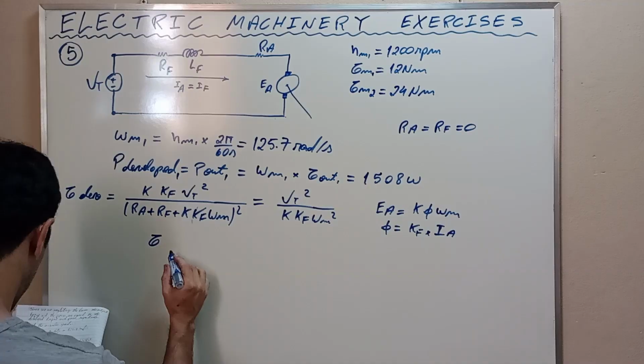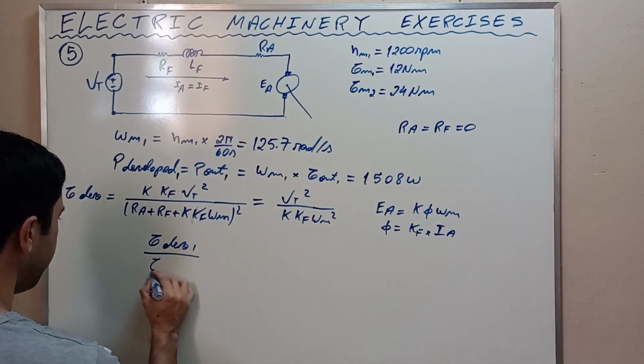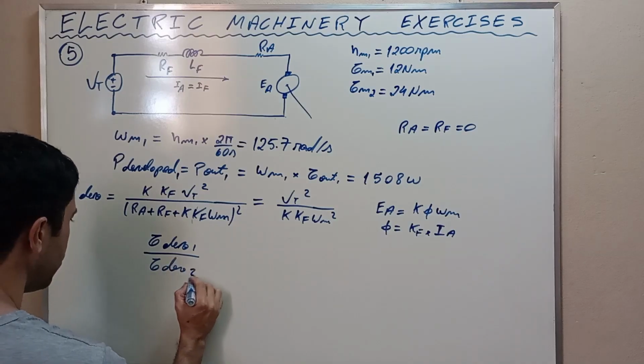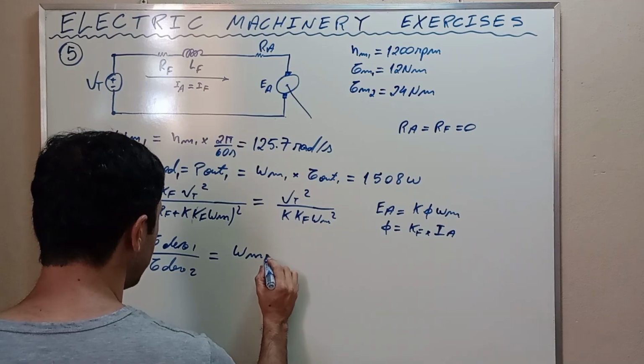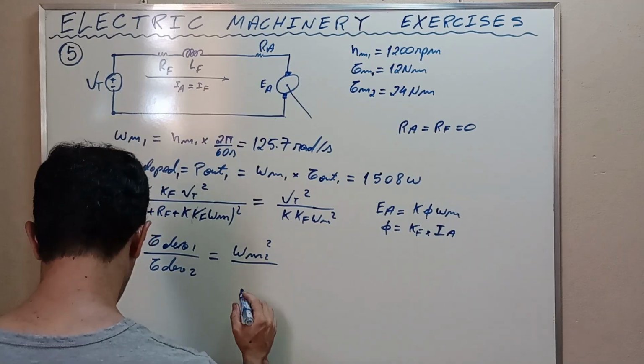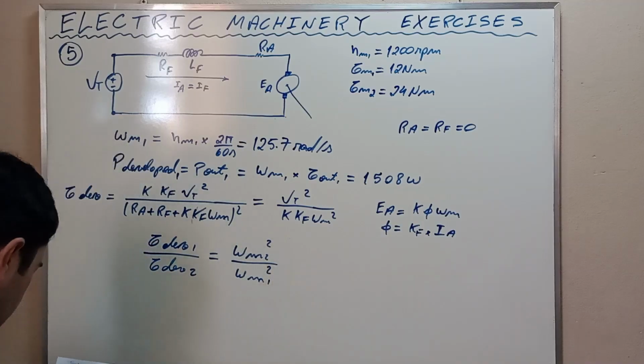The developed torque 1 divided by the developed torque 2 is equal to Wm2 squared divided by Wm1 squared. Okay?